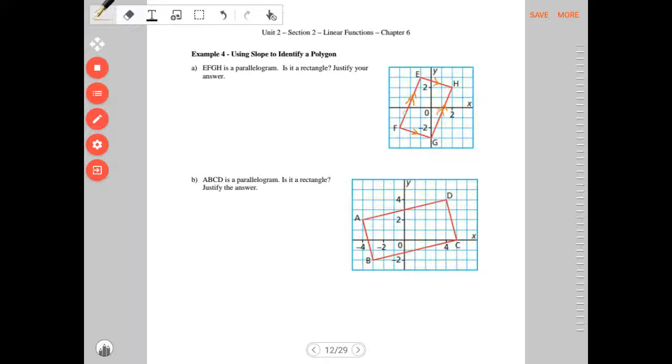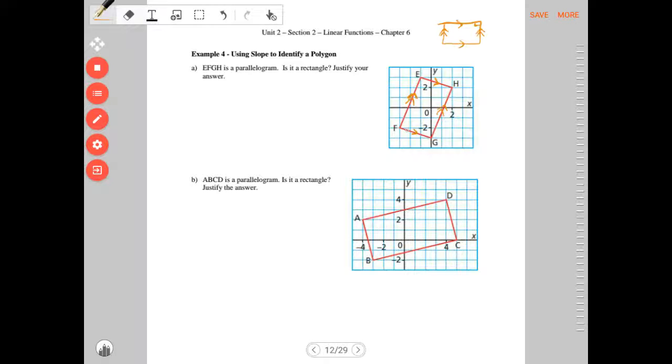When you're drawing in geometry, we use these double arrows or single arrows to signify that those lines are parallel with each other. That is one of the rules of a rectangle. A rectangle has to have two sets of parallel lines, but they also have to intersect each other at 90 degrees. So if these are intersecting at 90 degrees, they have to have perpendicular slopes.